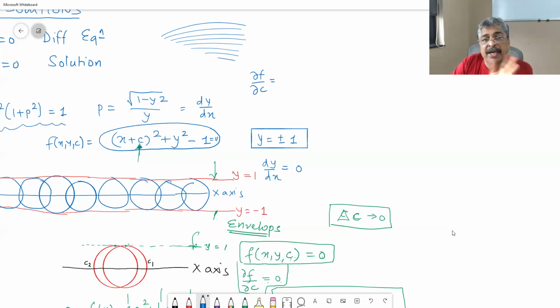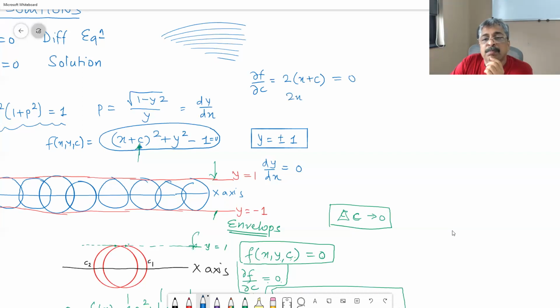Keeping x and y constant, what we get here is 2 times (x plus c) is the derivative of the first term, derivative of y square is 0, everything else is 0, and this is equal to 0.